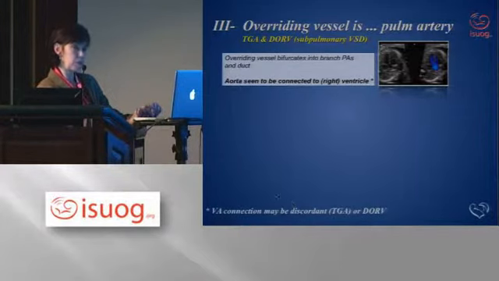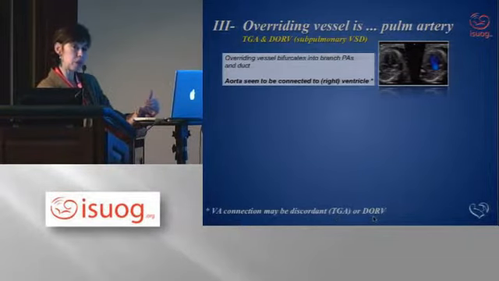So again, if we come to the ventricular arterial connection, depending on the degree of overriding of the pulmonary artery, i.e. if it's overriding by no more than 50%, we assign that pulmonary artery to the left ventricle. So then we're talking about discordant ventricular arterial connections with a VSD and pulmonary overriding, which is transposition with a VSD.